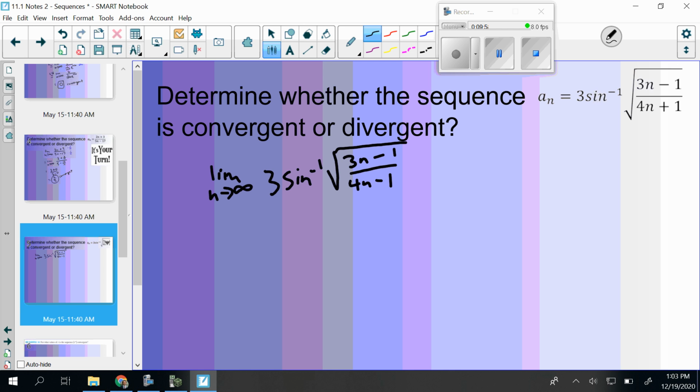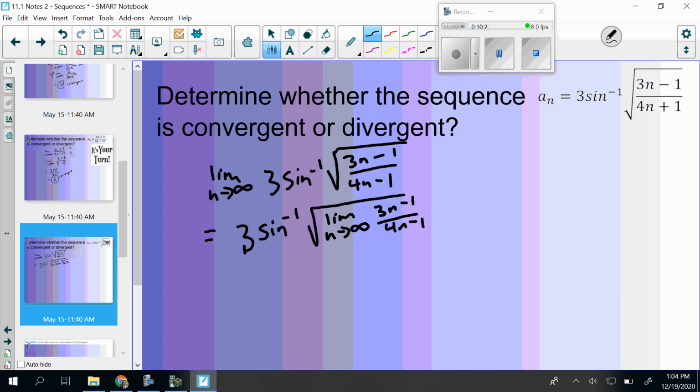Well, there's no n with that 3 sine inverse, so that's kind of like a function in front. So when you have those function ones, remember, what we can do is just look at this. What's 3 times sine inverse of the square root of, here's the real limit part we're looking at now. What is this limit going to approach?